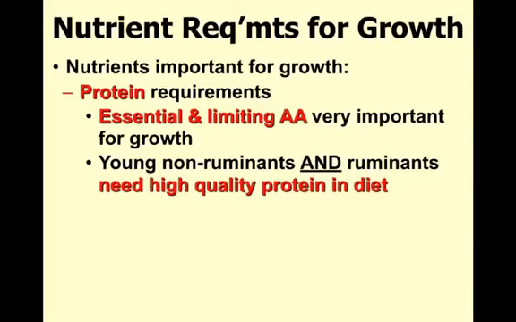We can't use urea or other non-protein nitrogen sources in the young ruminants because their system isn't ready for it. They're not able to handle it, and so we need to make sure we're using good quality protein sources.